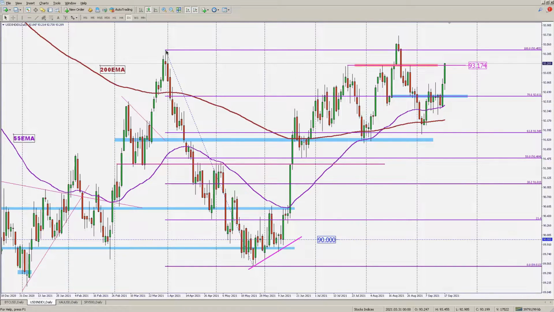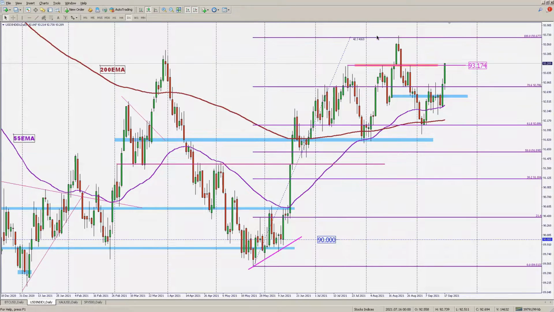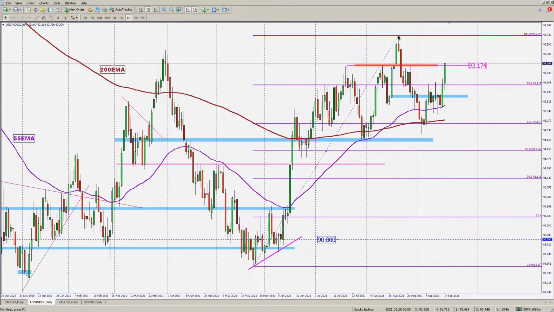It could now continue to test this previous swing high, and I think we could also move this over to this swing high here now, and that's at the 9371 level. So let's see if it can continue higher to test this level.